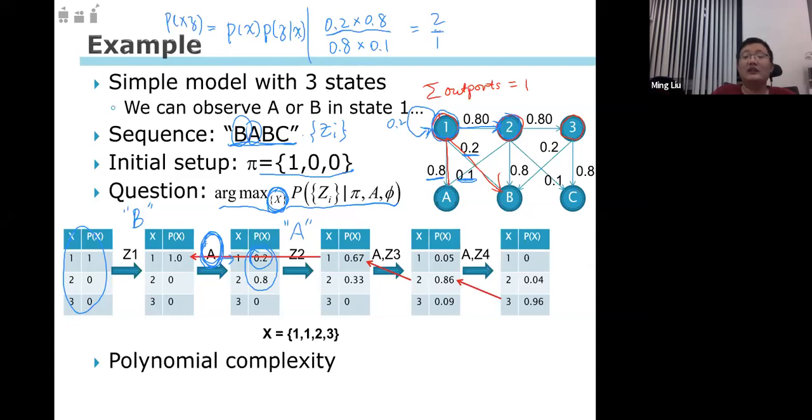If you normalize this 2 to 1 over these 3 states, you get this. Of course, the case for C is 0 times 0, so you get 0. It's 2 to 1 to 0. You can normalize this ratio, and finally you have 0.667, 0.333, and 0. This is exactly this one.